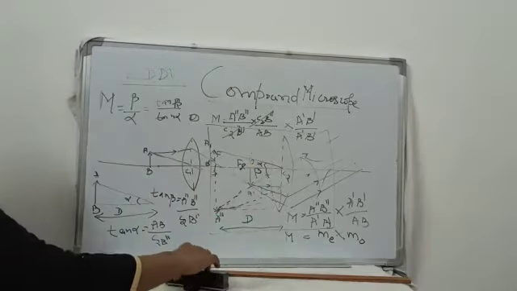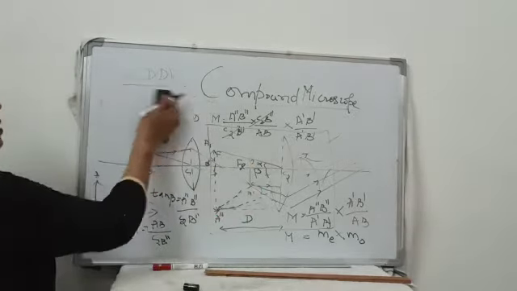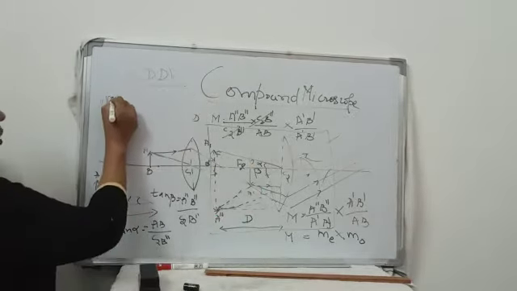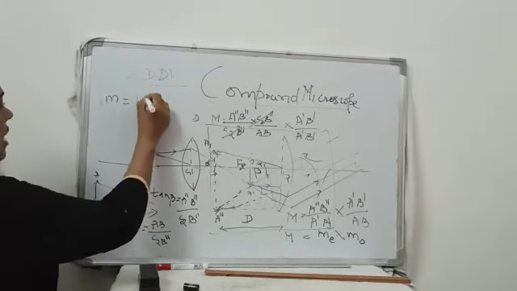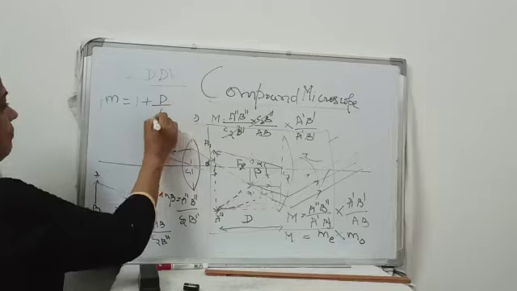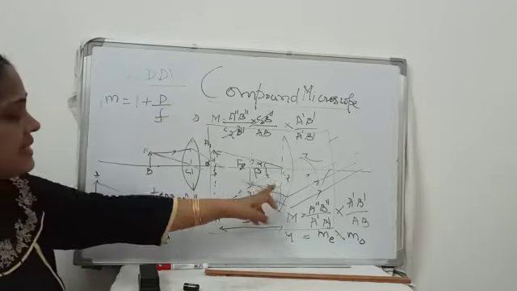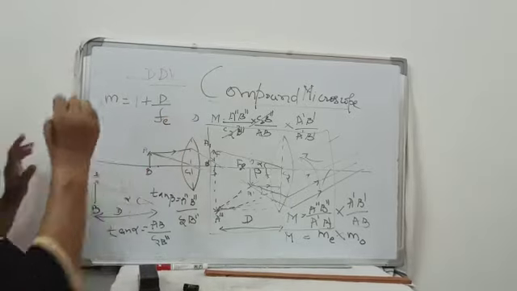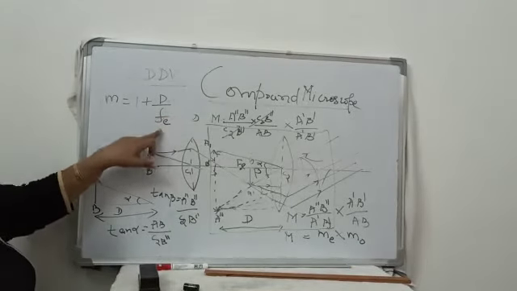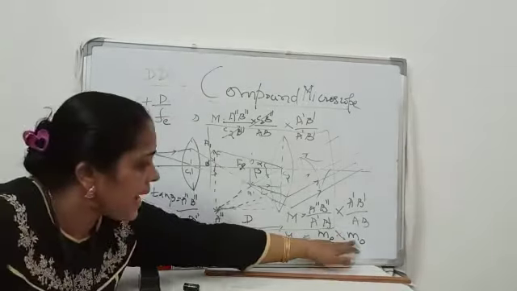We also know that the magnification produced by a simple microscope, when the final image is formed at least distance, is 1 plus D by f. But since this is the magnification produced by the eye lens, I put the suffix over here and write 1 plus D by fe.